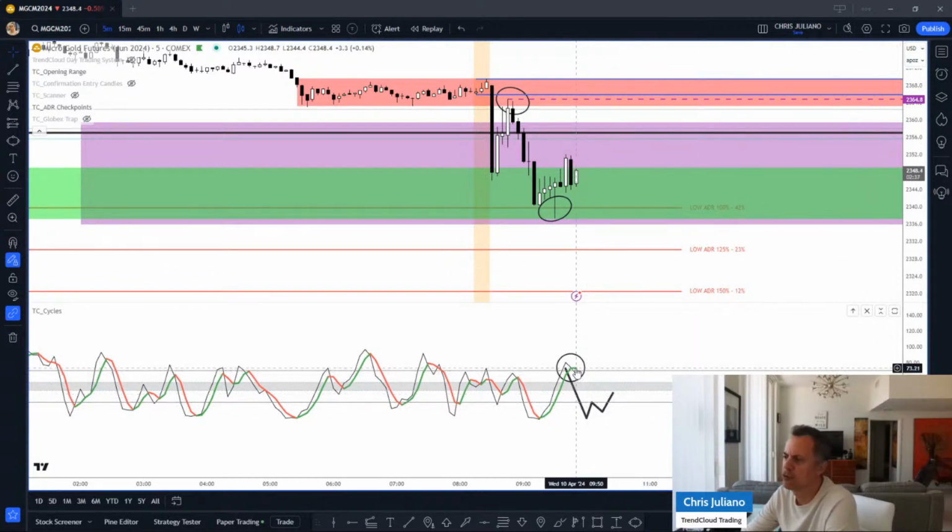Now it's turning green again. We're getting more of a move up. What we're looking for up here is something that looks like this. Okay? We're looking for that pattern. See how it's similar?